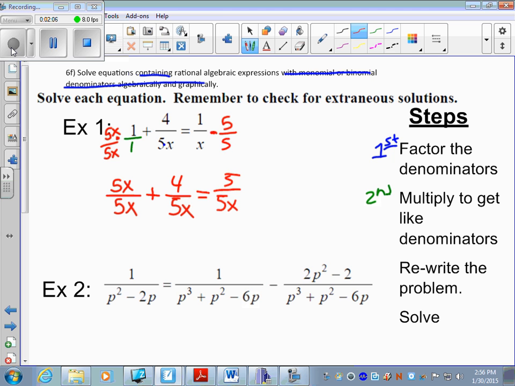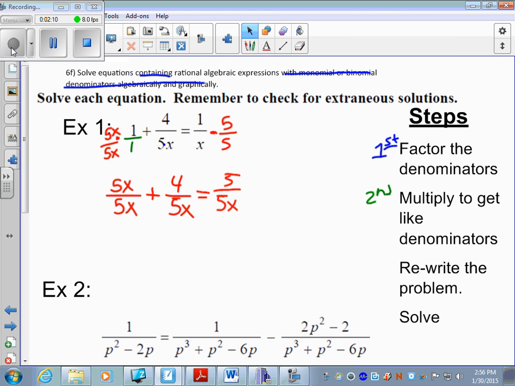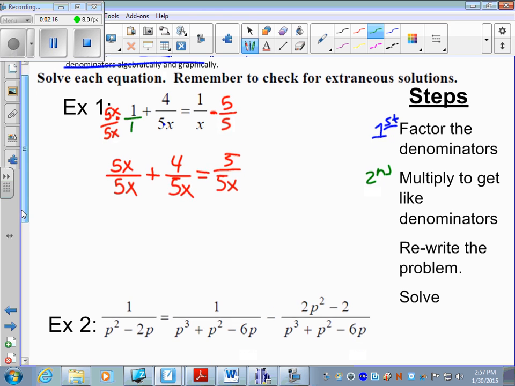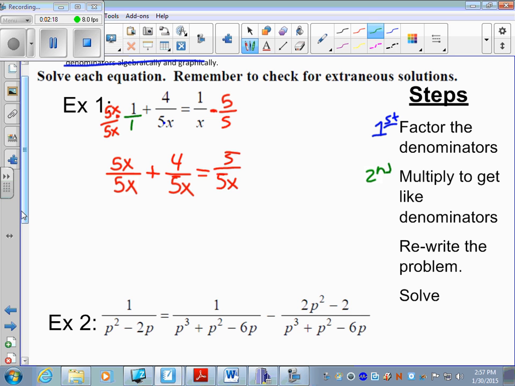Once we have like denominators, this is going to be a little weird, but we rewrite the problem as just the numerators. Our denominators are the same, so I'm going to rewrite the numerator and solve that problem. And that actually solves for x. That will be the end of the problem.